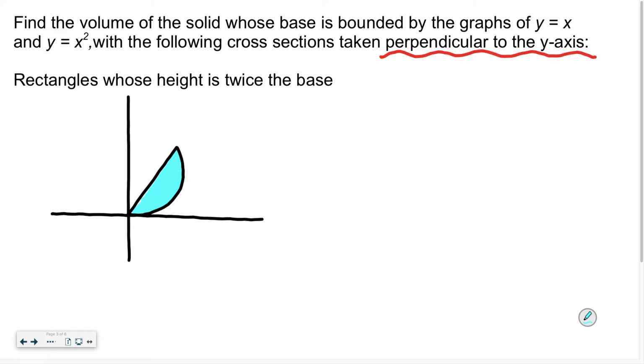So here's our region, right? y equals x and y equals x squared. But I'm asking you to go perpendicular to the y-axis, which means our thickness is going to be dy.